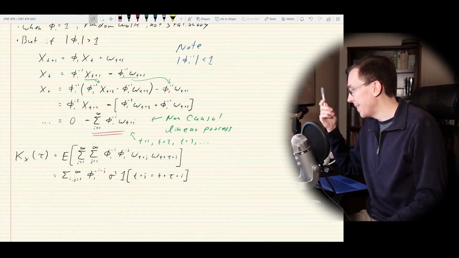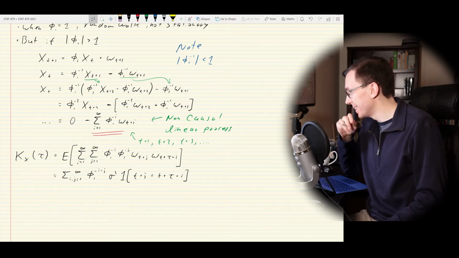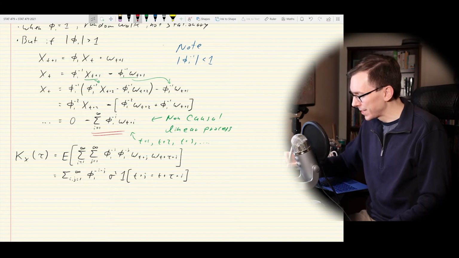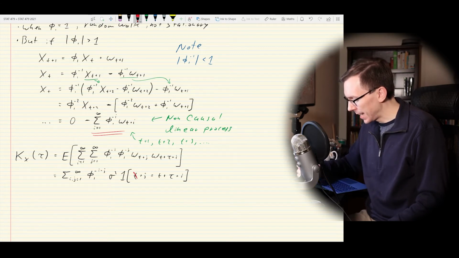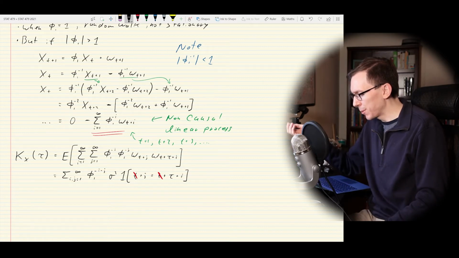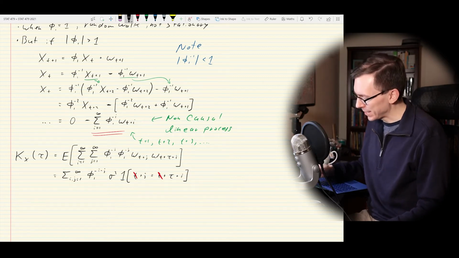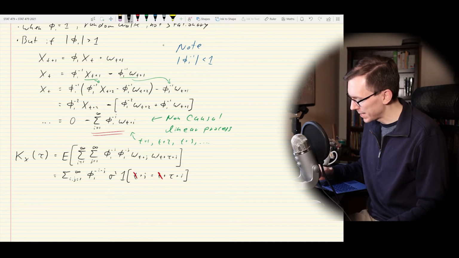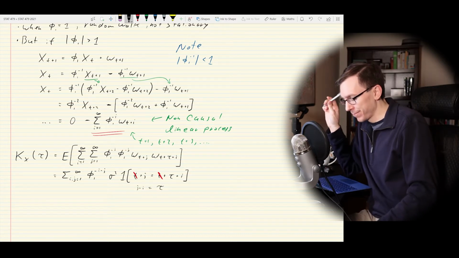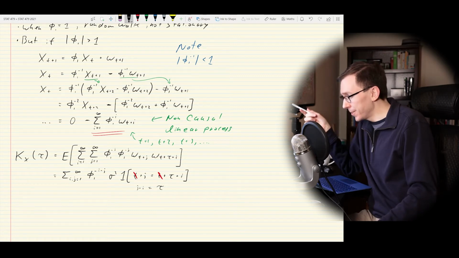And then from there, we just fight our way through the equation. The t's cancel out here, so we don't need those. And if we rewrite this, what we end up with is j minus i equal to tau. So what does that mean?